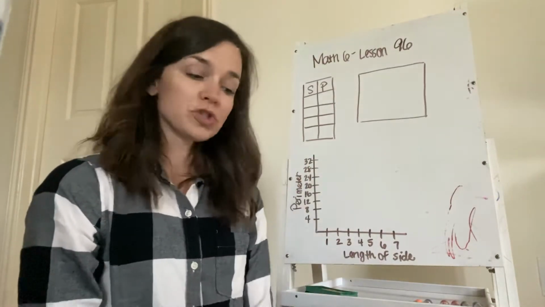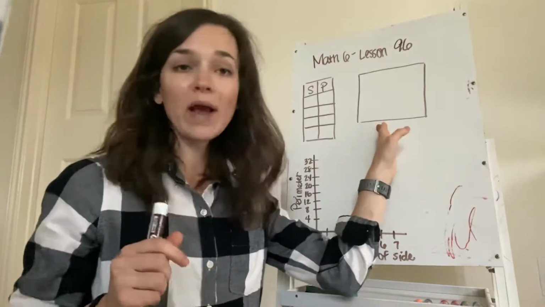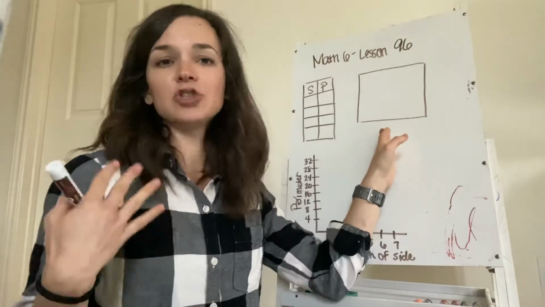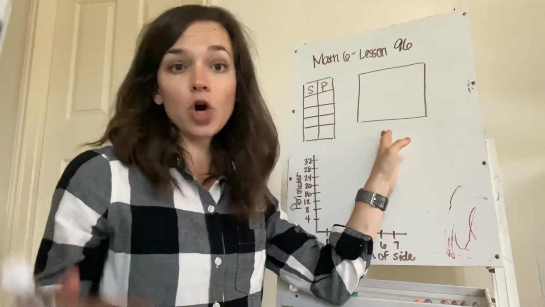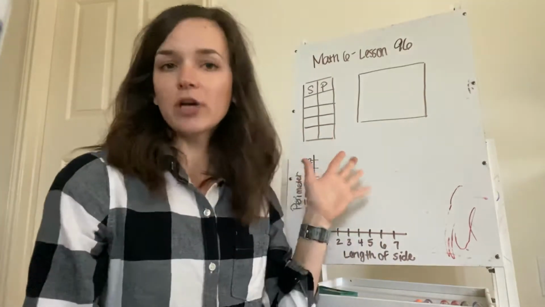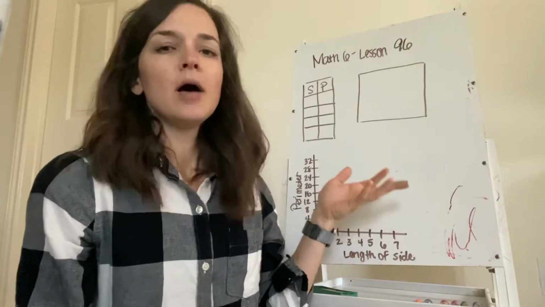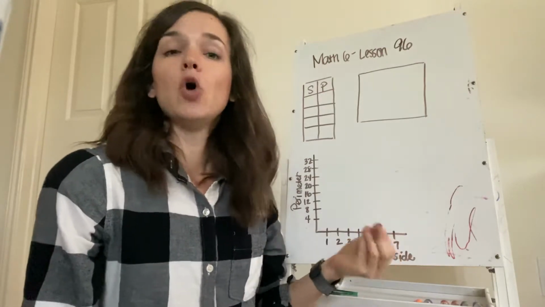So we're starting this lesson by talking about a square. We're talking about functions. Functions show a relationship. They show how one variable or one unknown is related to another unknown. Let's say we're looking at a square and we want to figure out a relationship between the sides of a square and the perimeter of a square.